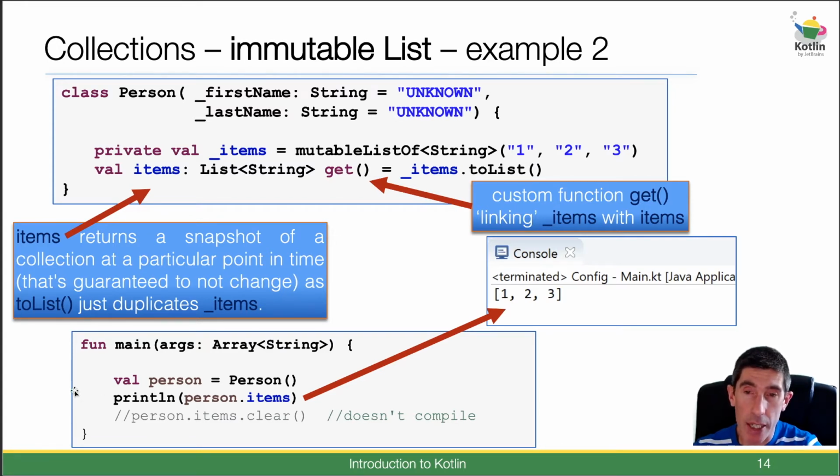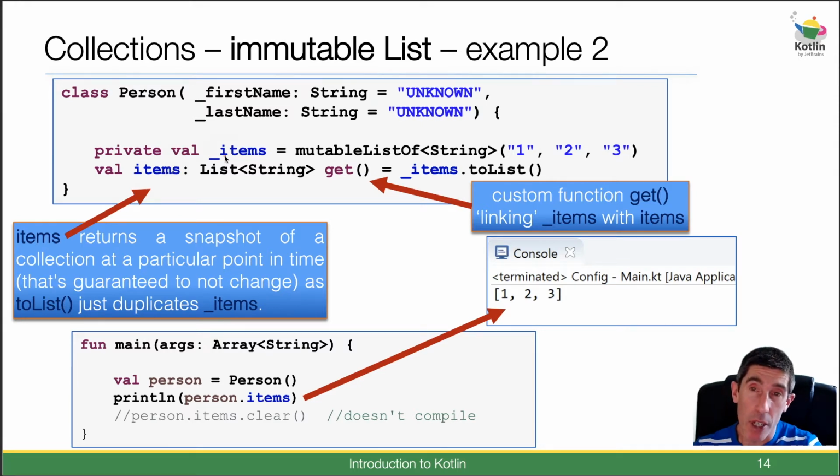If we then try and say down here in our program, we create a person class, we can print out person.items, so we can access publicly the list of items. But if we try to say, and this is why we have it commented out, person.items.clear, that won't compile because items is read only.